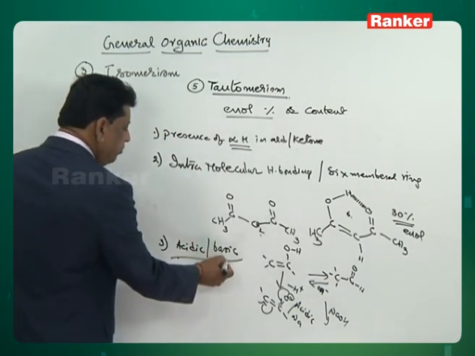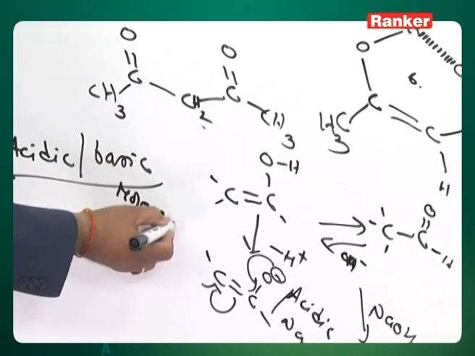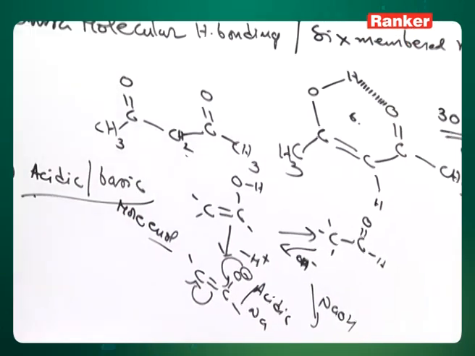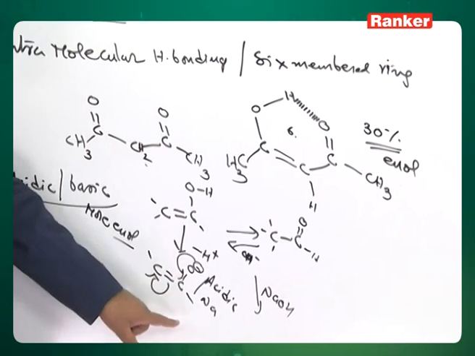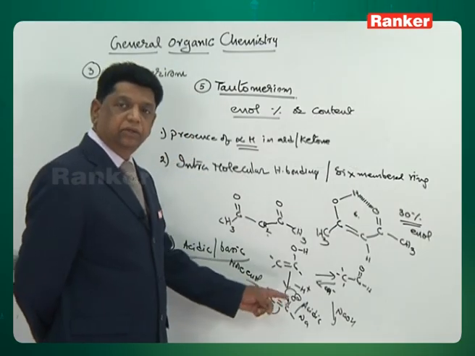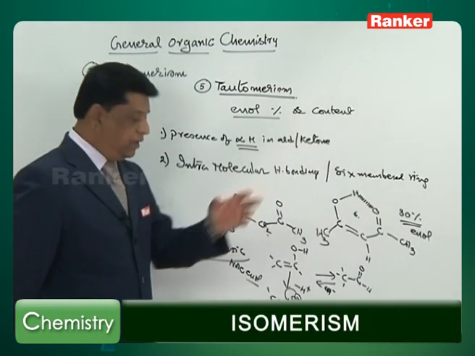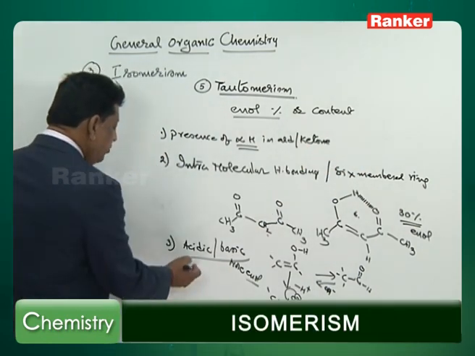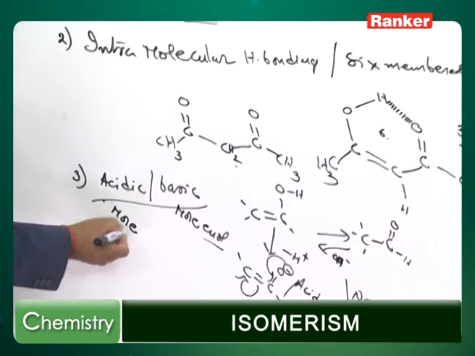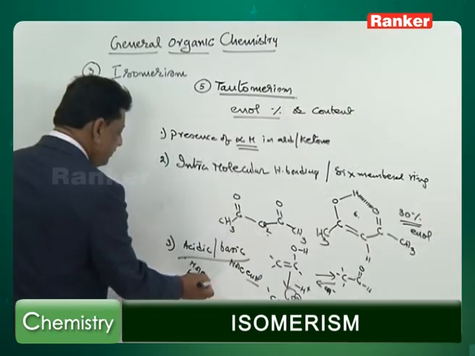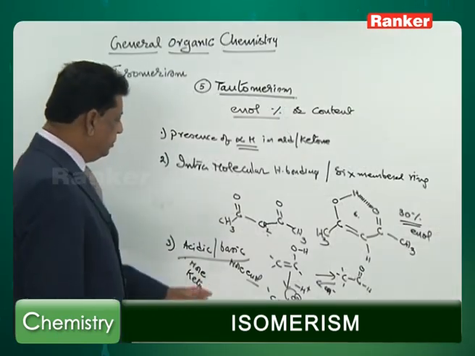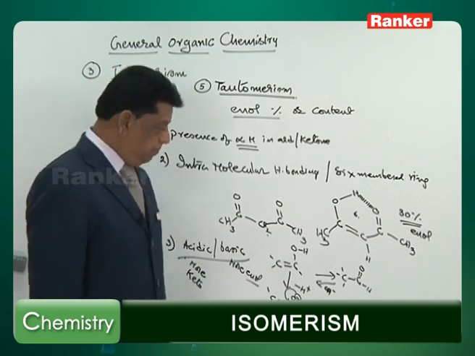In basic medium, more enol percentage. In acidic medium, what happens? You have added acid, so the proton common ion effect shifts the equilibrium to that side. That means in acidic medium, you find more ketone percentage. Keto percentage increases in the acidic medium. Enol percentage increases in the basic medium.